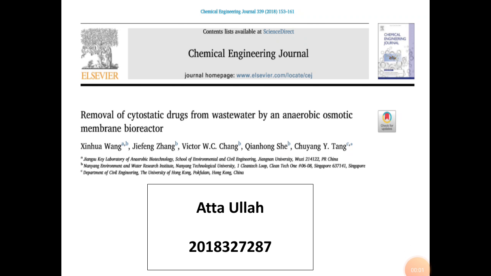So the topic of the presentation today is removal of cytostatic drugs from wastewater by an anaerobic osmotic membrane bioreactor, and it's an article published in Chemical Engineering Journal.